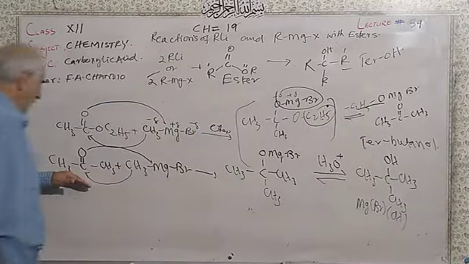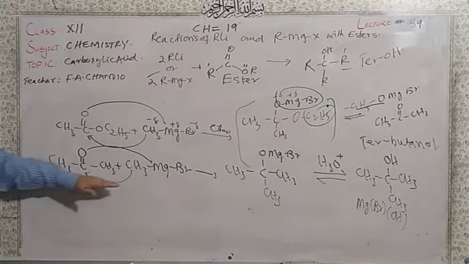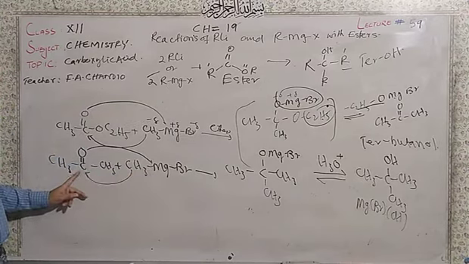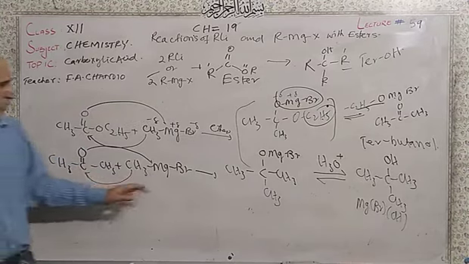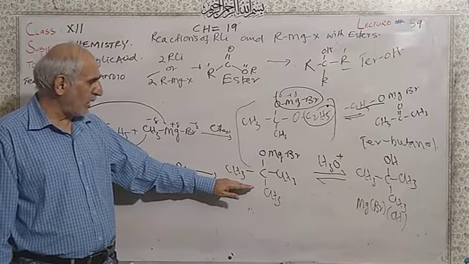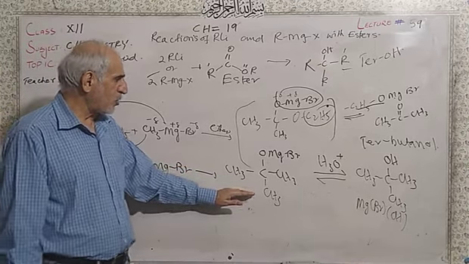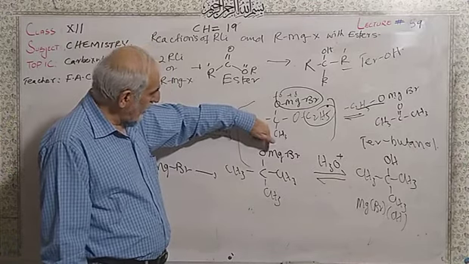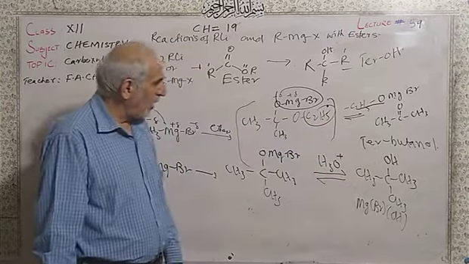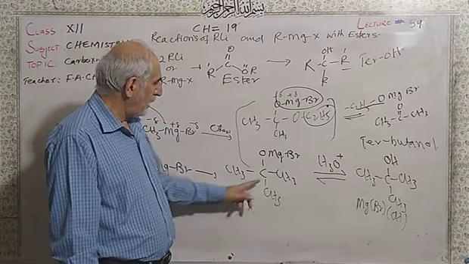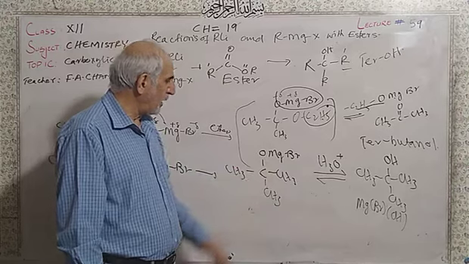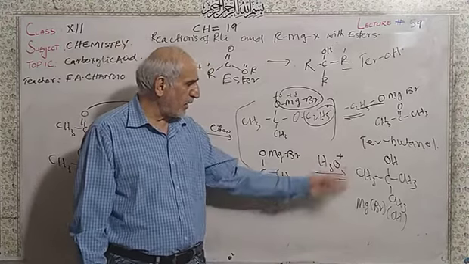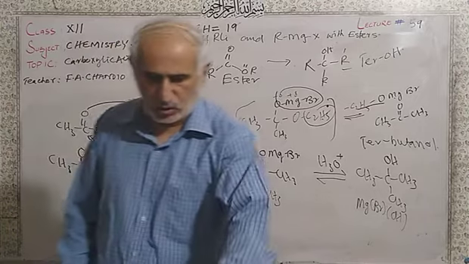This ketone is again going to react, because you are seeing two molecules: the second molecule of methyl magnesium bromide is going to be attached here. Again the tetrahedral complex, an intermediate transition, is formed. By acid hydrolysis, one hydrogen attaches here to make the tertiary alcohol, tertiary butanol, and magnesium hydroxybromide.